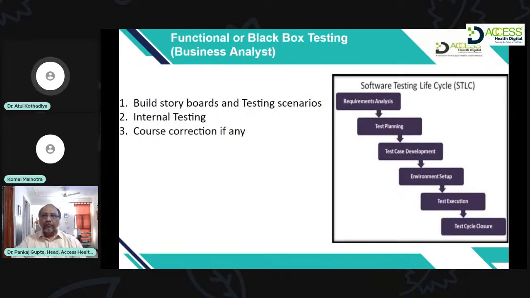Now, we also saw functional or black box testing, and what is the difference between white box testing and black box testing. In this case, all the stories or the use cases are documented properly with the scenarios. Say, for example, discount is one of the features and functionalities in hospital billing.